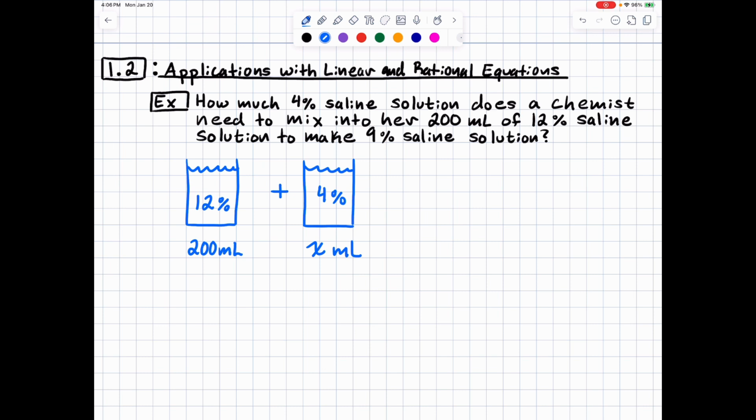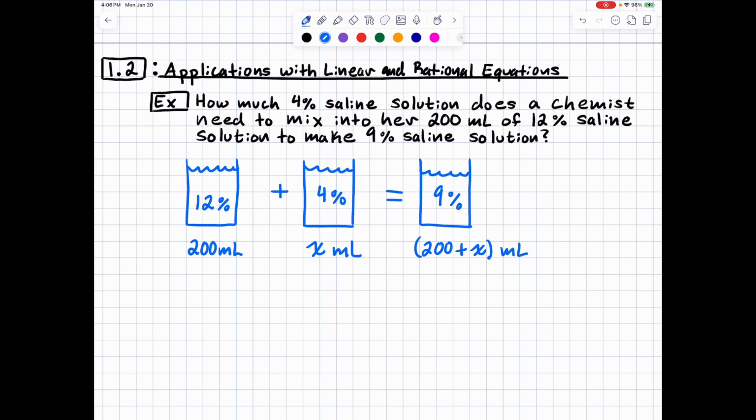Now, what do we want? Well, in the end, we want 9% saline solution. So I'm going to draw an equal sign to show that's what we want, and a little cup here for 9% saline solution. And how much 9% will I end up with? Well, we started with 200 milliliters, and I'm just going to pour in X amount. So that should be 200 plus X milliliters.